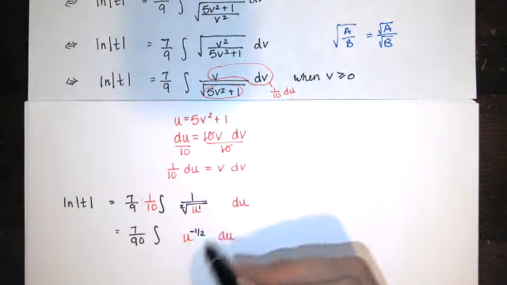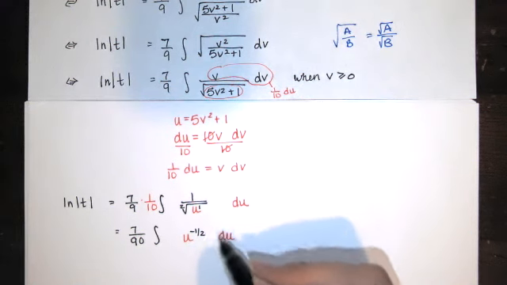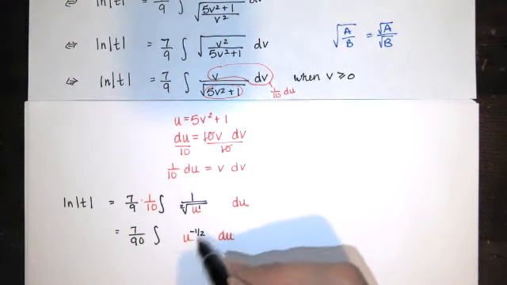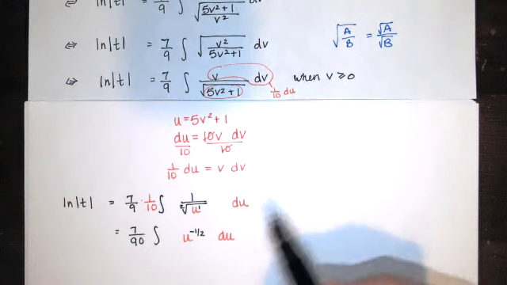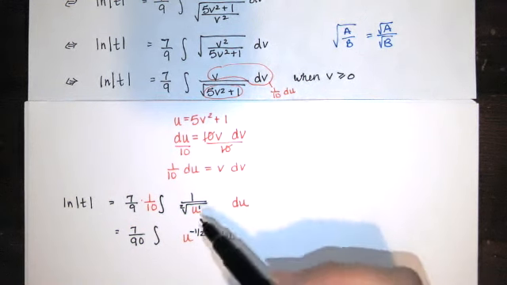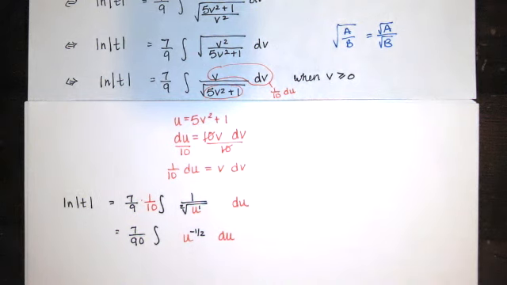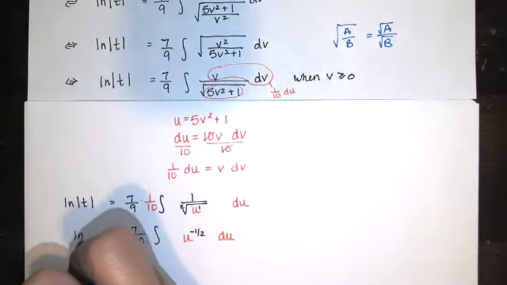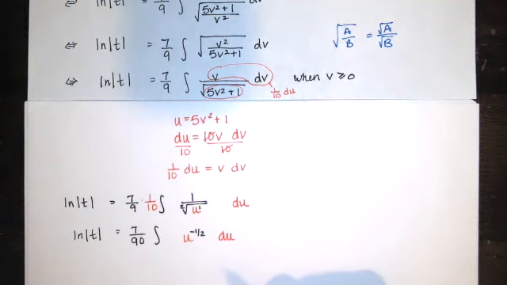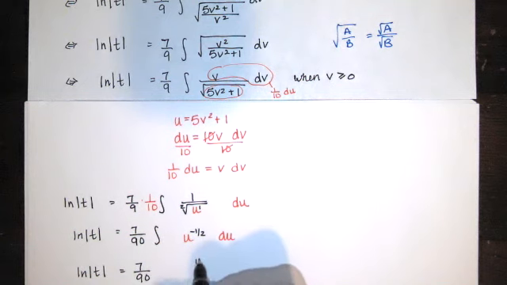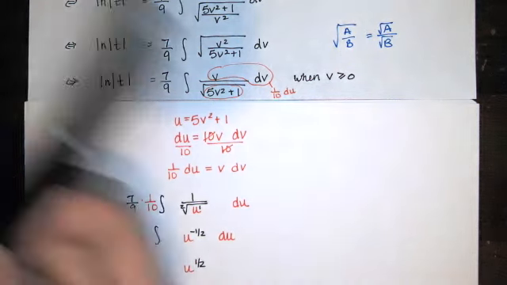Now it's not necessary to write this in this form, but it is necessary to write it in this form so that we can take the antiderivative. These are equal to each other. The benefit of writing it like this is so that we can use the power rule to take the antiderivative. So we will bring our 7/90 down, add 1 to the exponent, and then divide by the new exponent.